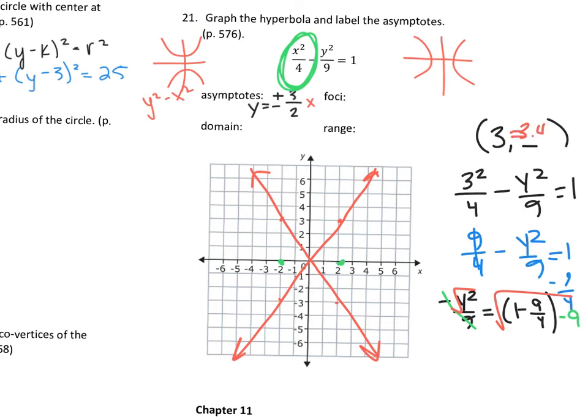So I can go right 3, up 3.34. I go right 3, up 3.34, and I use symmetry to get the rest of the points. So I go down 3.34 like this, -3 up 3.34, -3 down 3.34.